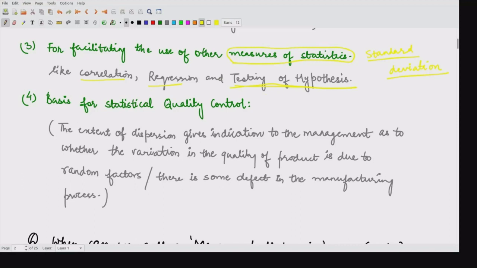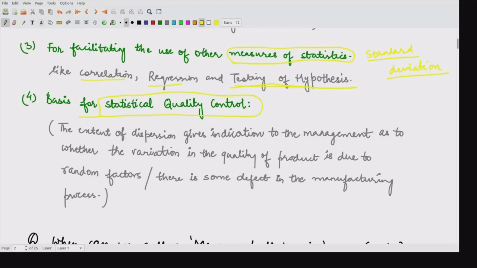Next, they form the basis for statistical quality control. Now what does this mean, statistical quality control? It means that it will tell you the extent of dispersion. That would determine whether a kind of product that is being produced in a particular factory would contain random errors.